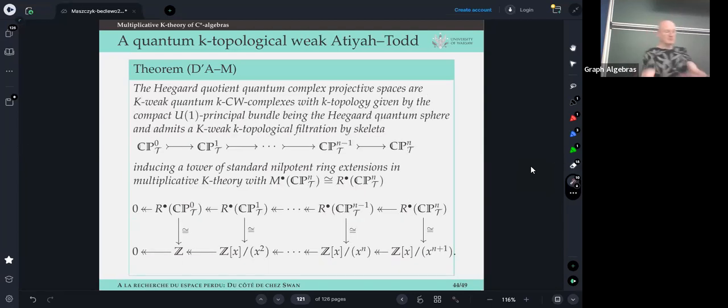Similarly, if we do the same in this weak version, so now the T is from Tepelin, but this means the Hajac theorem, and we obtained something similar.